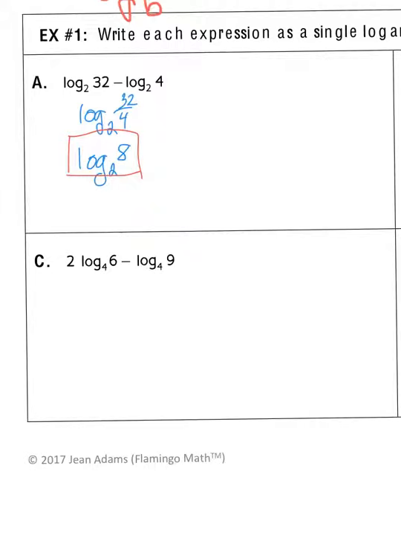So let's go further and take log base 2, and I'm going to write that 8 as 2 to the third power. Now, based upon some of our previous properties with exponents, remember I can loop that exponent in front, and I can write that as 3 log base 2 of 2.